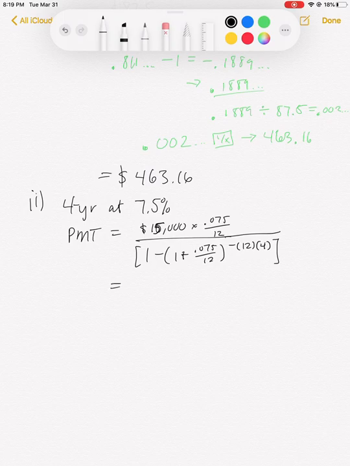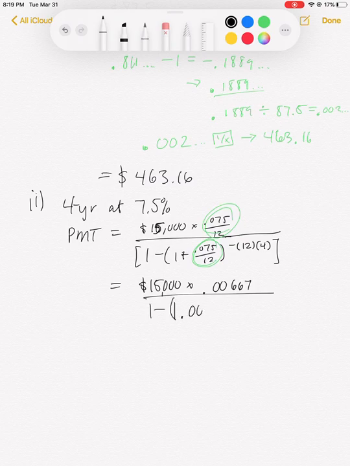Okay, so I'm going to again calculate these right here. And what I get is 15,000 times, and 0.075 over 12 is going to be 0.0066, and goes on forever, so I'll put 7 there, divided by 1 minus 1.00667 to the minus 48 power.